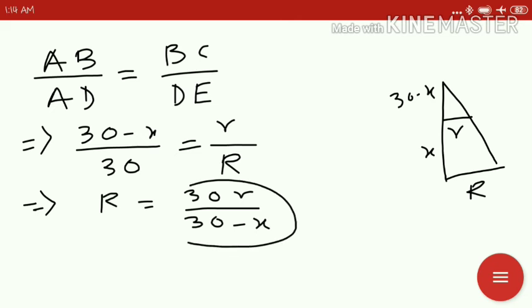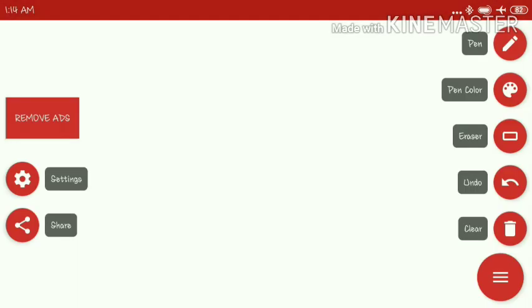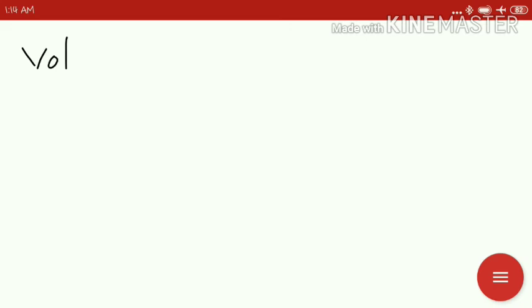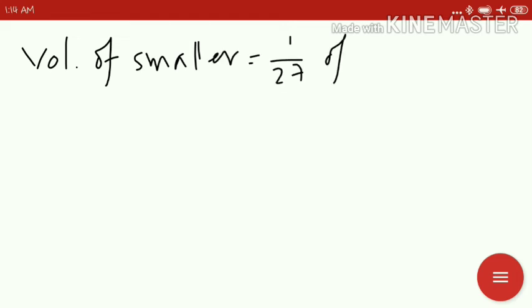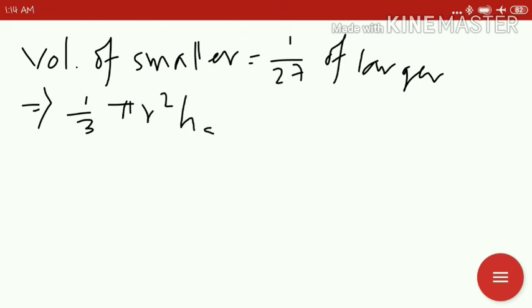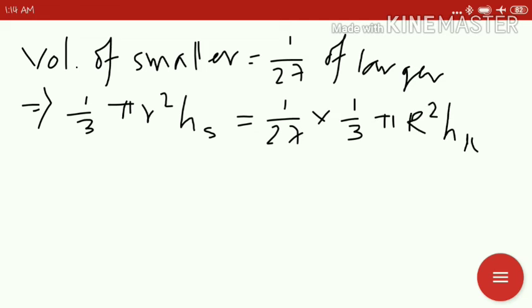Now we will use the hint given, that the volume of the smaller is 1 by 27 of the larger. So 1/3 pi small r square into h of the smaller one equals 1 by 27 into 1/3 pi capital R square into h for the larger one.